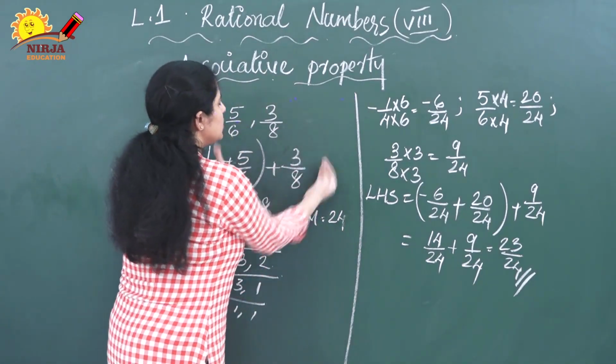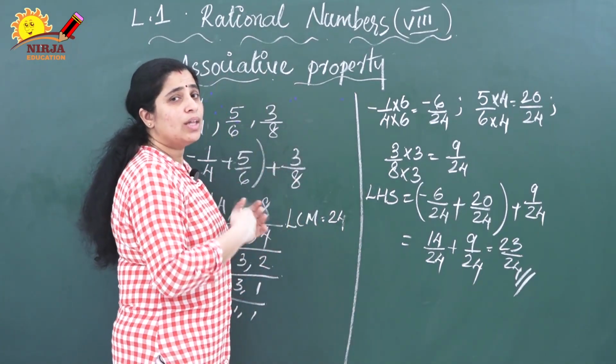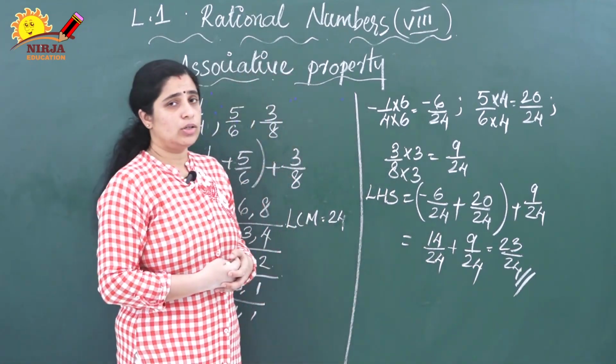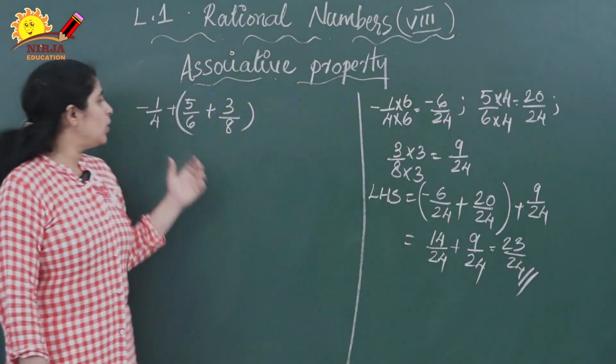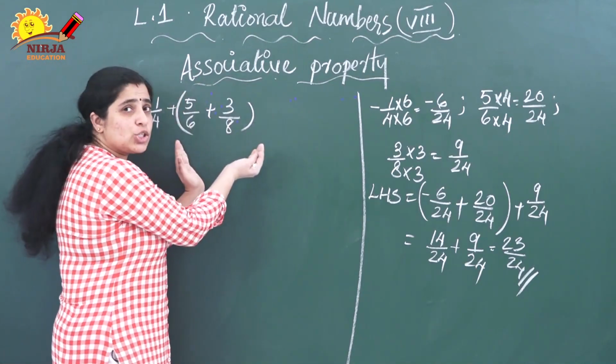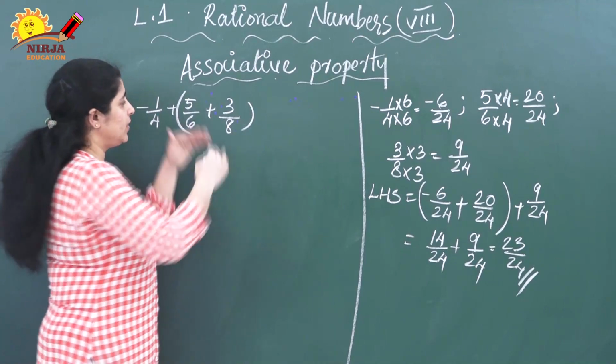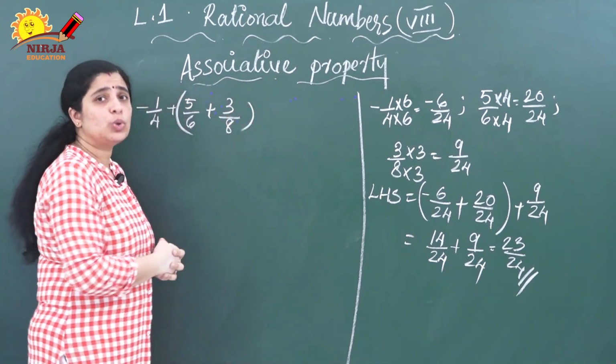We will group these two numbers now. Then we will see whether we are getting the same answer or not. Now we are going to group the last two numbers. In the first case we grouped the first two numbers. Here we are going to group the last two numbers.